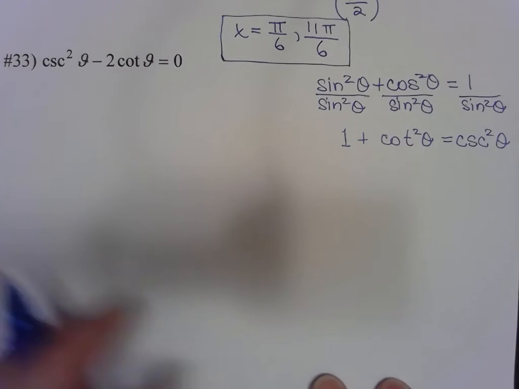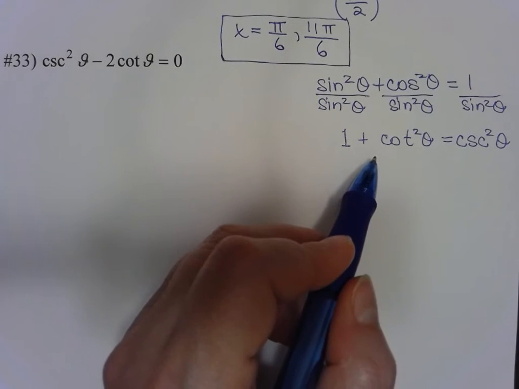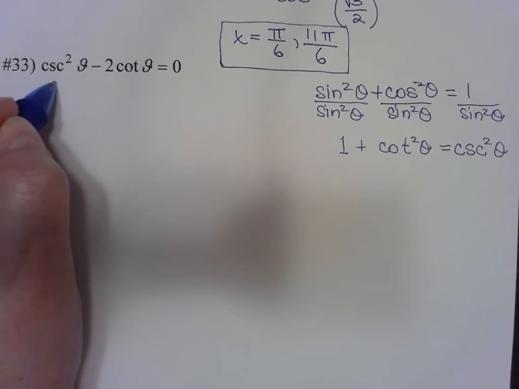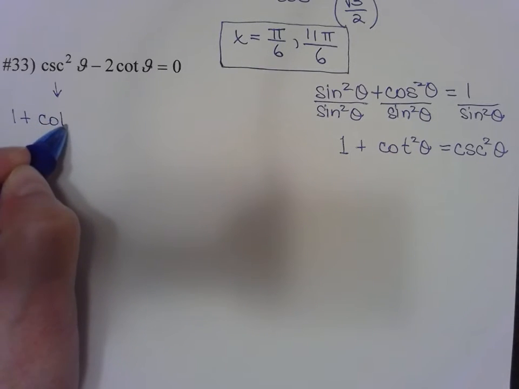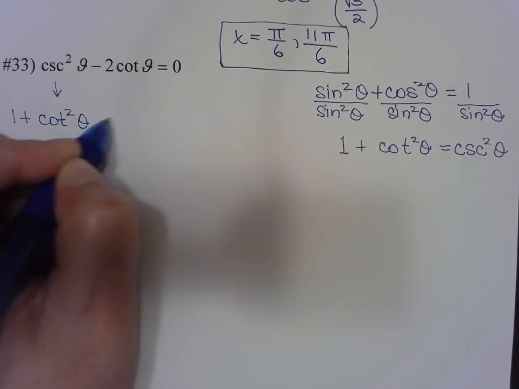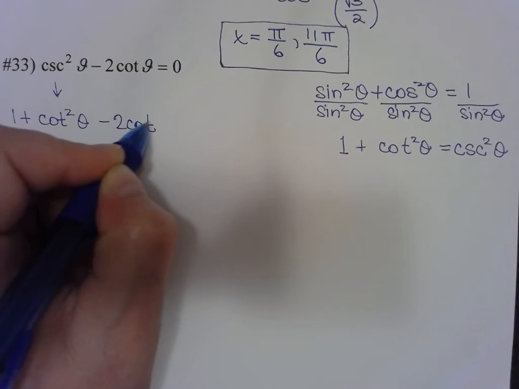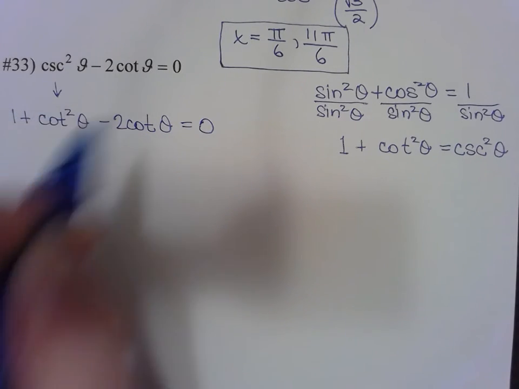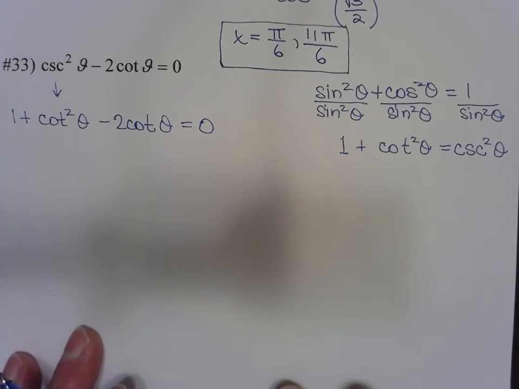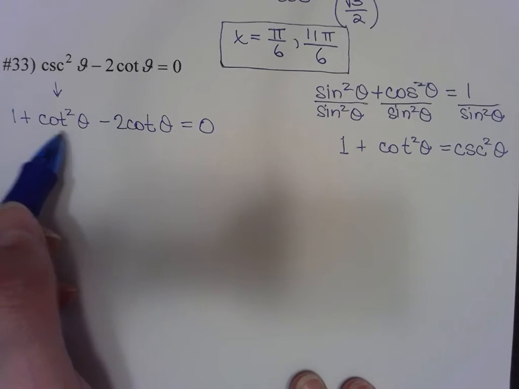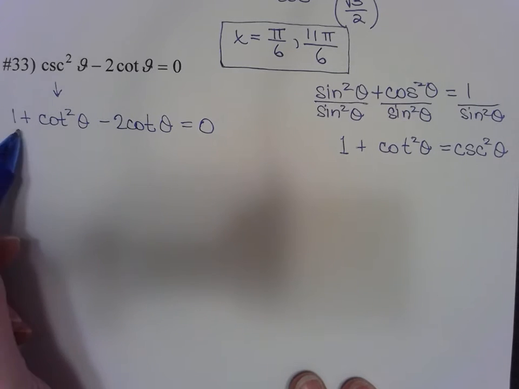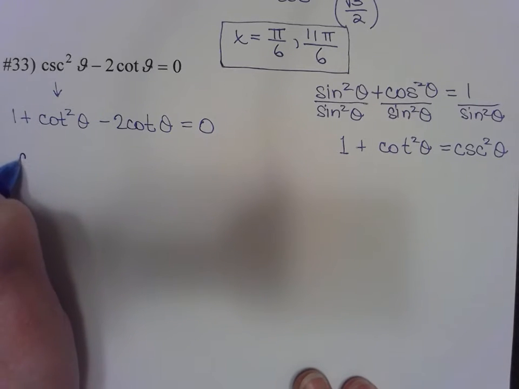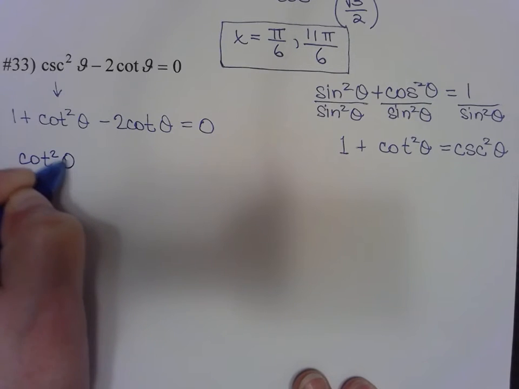So in place of the cosecant squared, I'm going to put in 1 plus cotangent squared. Okay, and then this is sort of like an algebra equation. I have a squared term, a term where it's to the first, and a constant. And I'm used to seeing that written in this order.